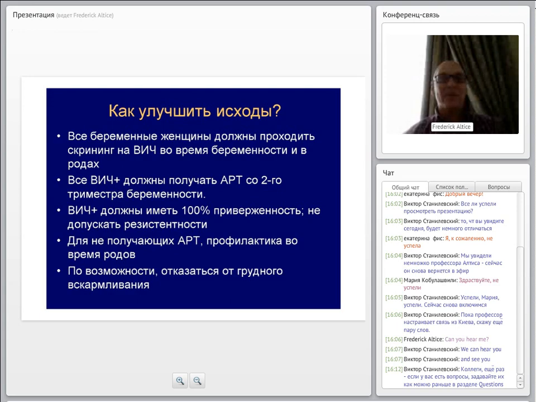So first of all, in order to have the most optimal outcome, all pregnant women with HIV, or I should say all pregnant women, should be screened for HIV as early in their pregnancy as possible, so that you can monitor them and get them onto antiretroviral therapy and hopefully achieve viral suppression.